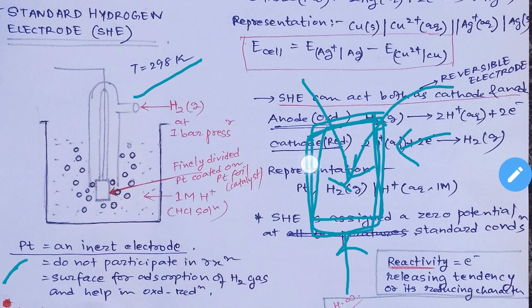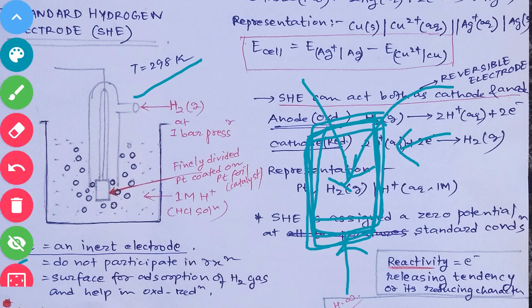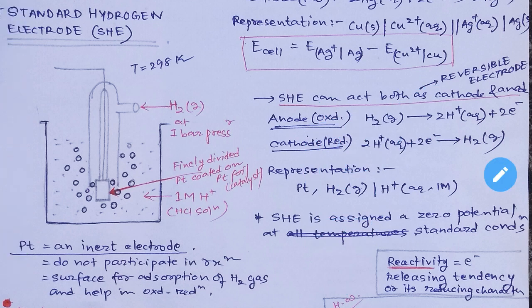So this platinum surface does not take part in the reaction, but it allows its surface for the reaction, catalysis. Okay, it catalyzes the reaction. So this point is also important, that the inert platinum electrode enhances the rate of the reaction. It supplies the surface for the reaction to take place.